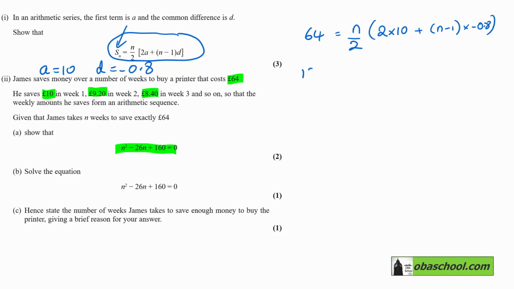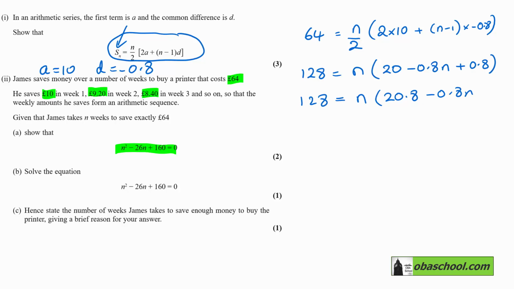Multiplying both sides by 2, we get 128 is n into (20 take away 0.8n plus 0.8). So that's 128 is equal to n into (20.8 take away 0.8n).